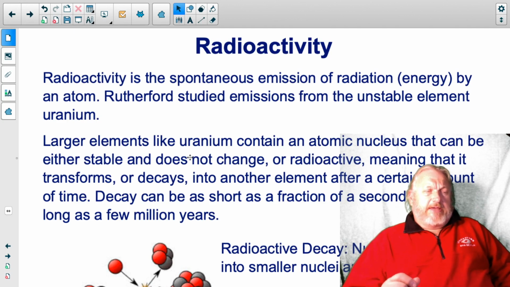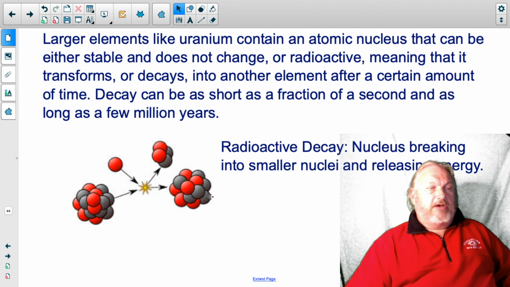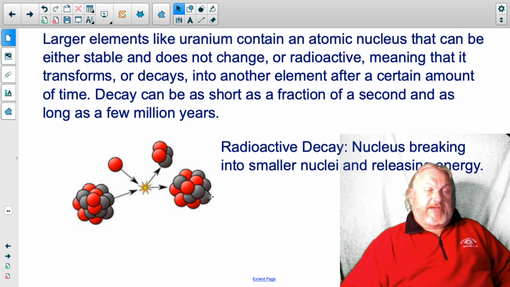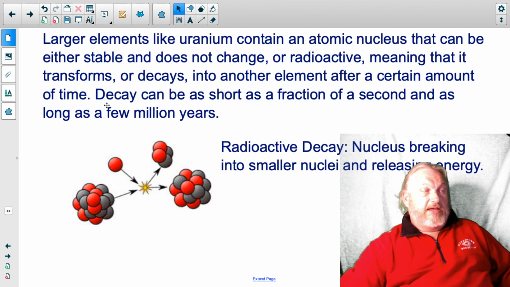Decay can take a fraction of a second, or as long as a few million years. Radioactive decay is when the nucleus breaks into smaller nuclei and releases energy.